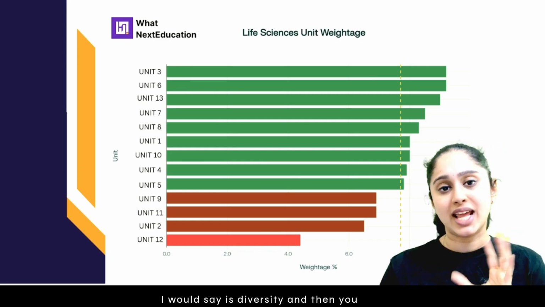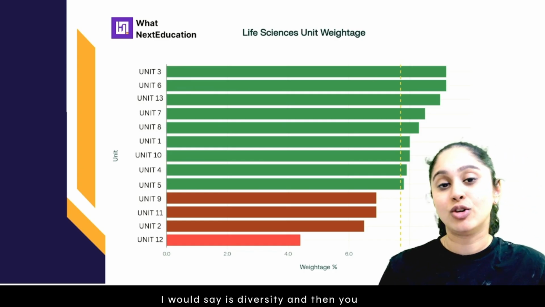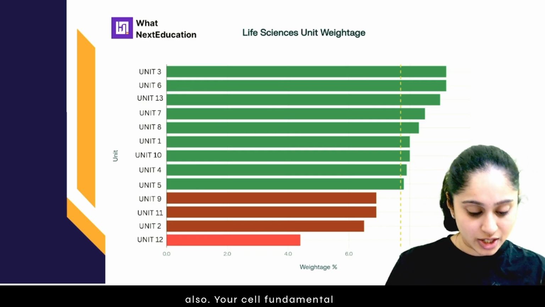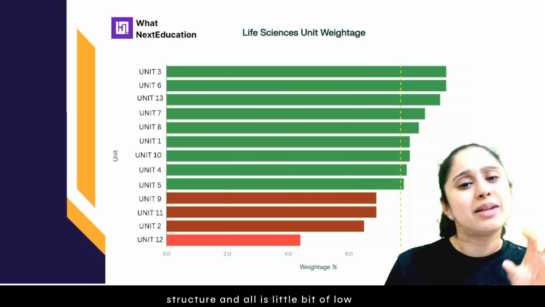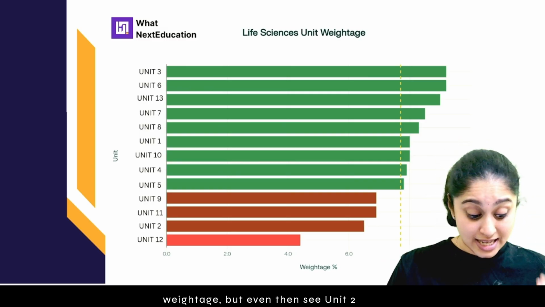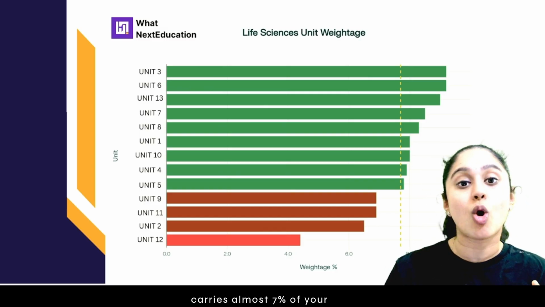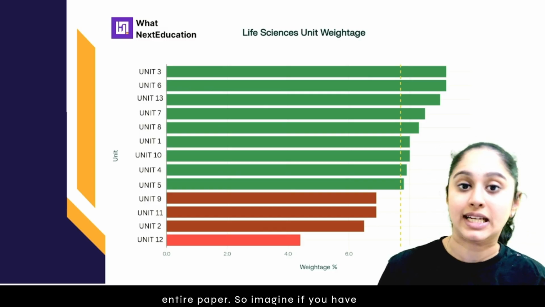Moderate, I would say, is diversity, and then evolution. Also your cell fundamental structure is a little bit of low weightage, but even then, see, unit 2 is your fundamental cell biology and it carries almost 7% of your entire paper.